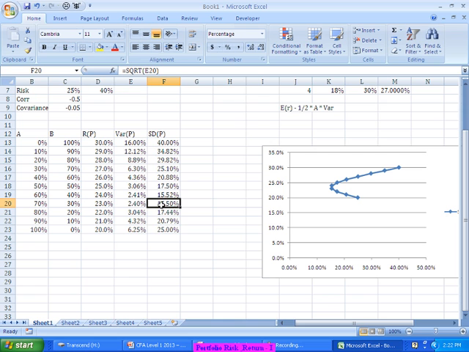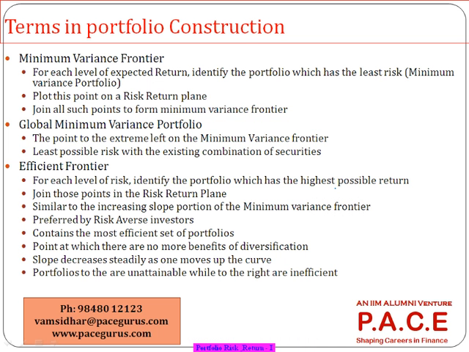The overall standard deviation of the portfolio is the least. So in this graph, this particular point is called a global minimum variance portfolio. Out of all minimum variances, it is the universal minimum.